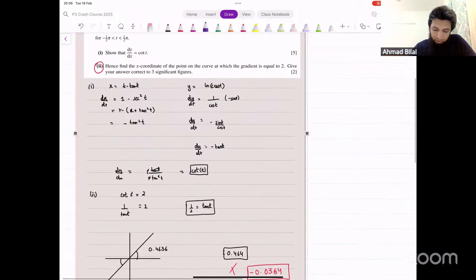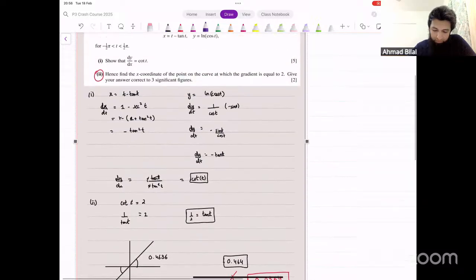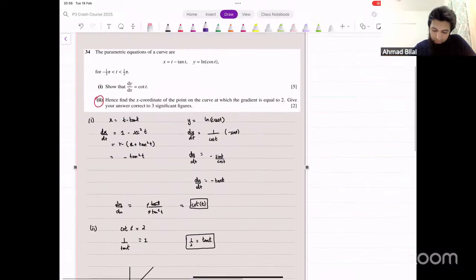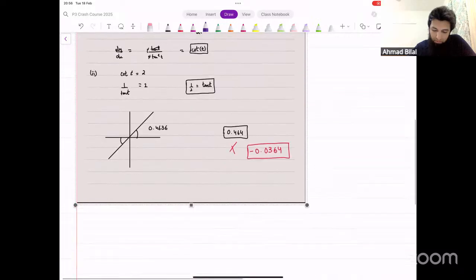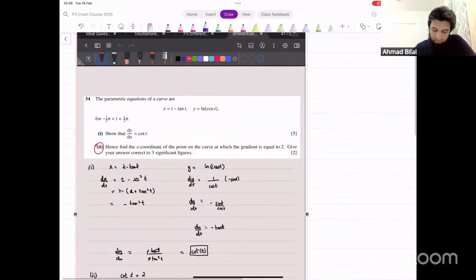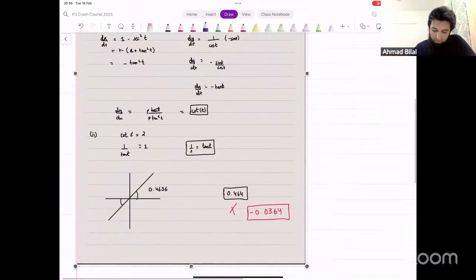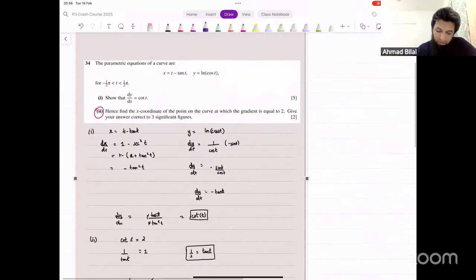Okay, you put cot t equal to 2, 1 over tan t equals 1 over 2. Okay, so tan is positive. That's either the first quadrant or the third quadrant.